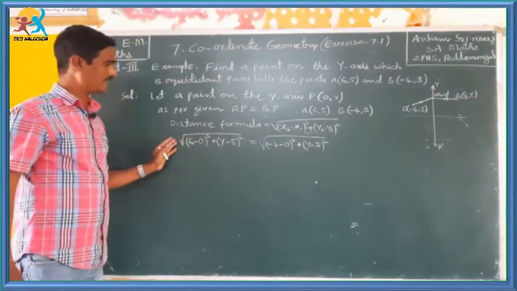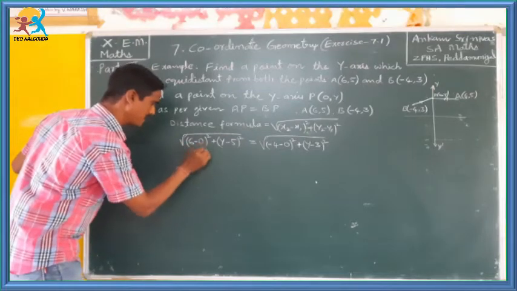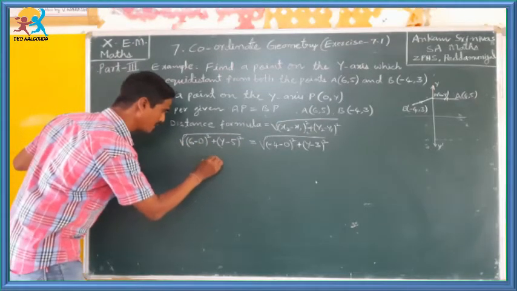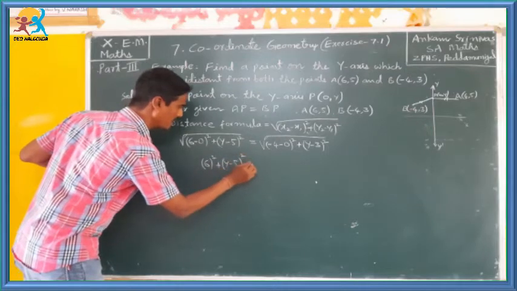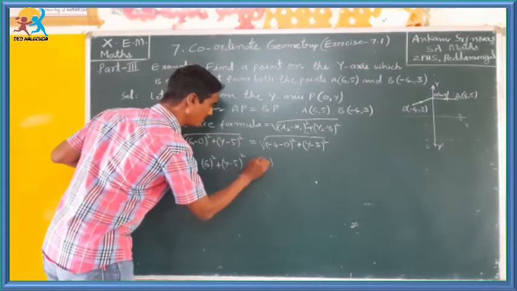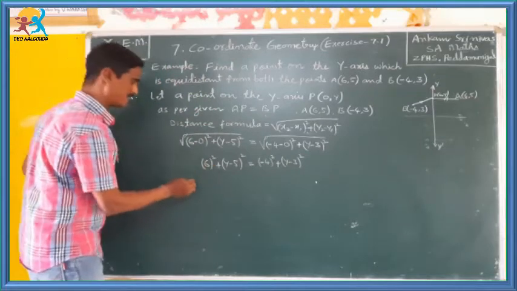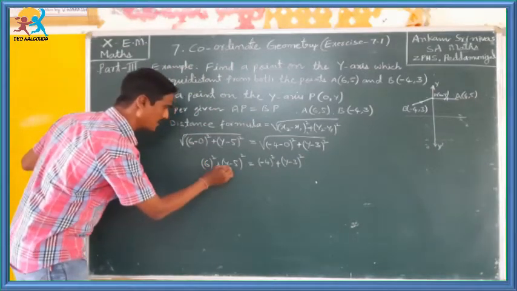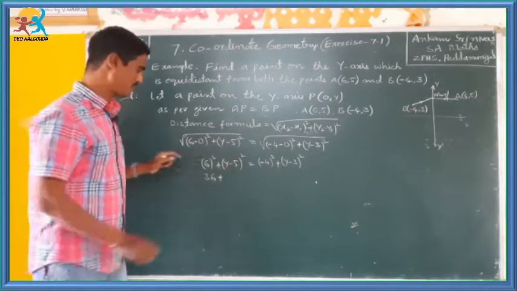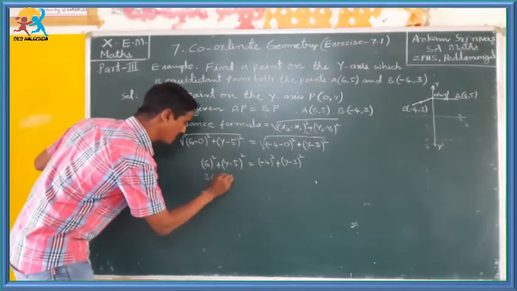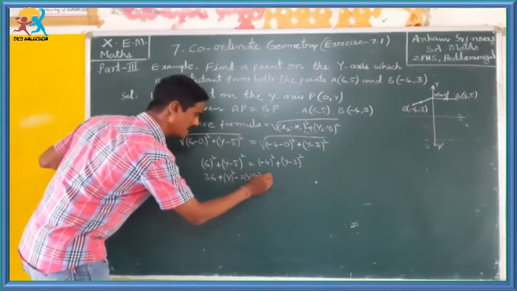Now clearly the square roots on the left and right sides will cancel, and we get (6 minus 0) whole square plus (y minus 5) whole square equals (-4) whole square plus (y minus 3) whole square. 6 square, 6 into 6, is 36, plus (y minus 5) whole square. Using (a minus b) whole square equals a square minus 2ab plus b square: first term square, minus 2 into first term into second term, plus second term square.